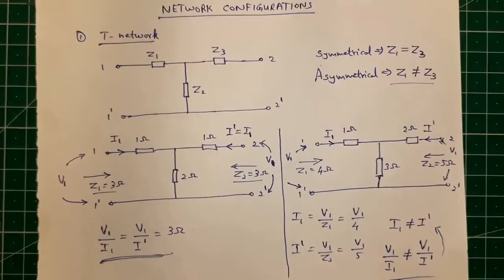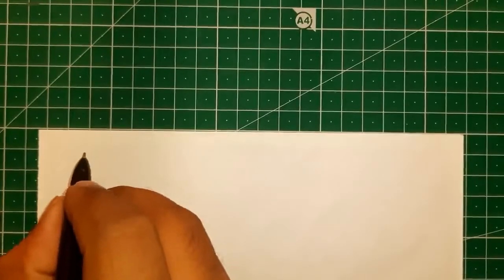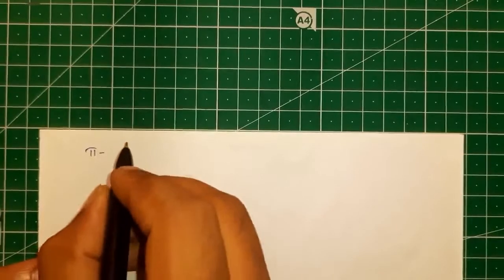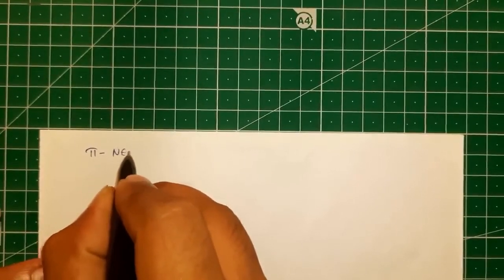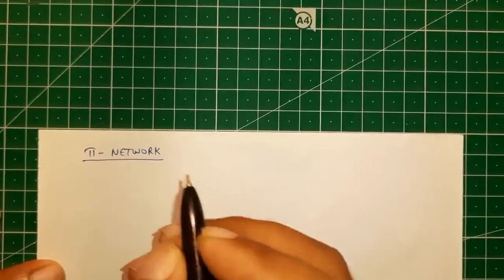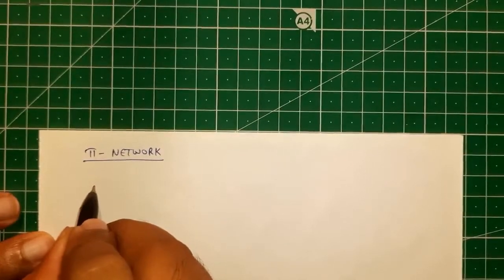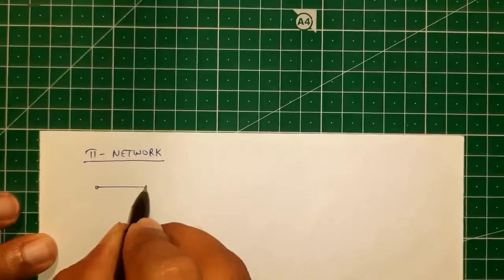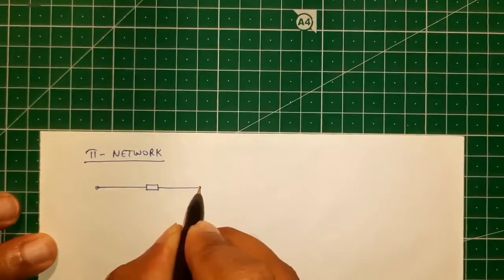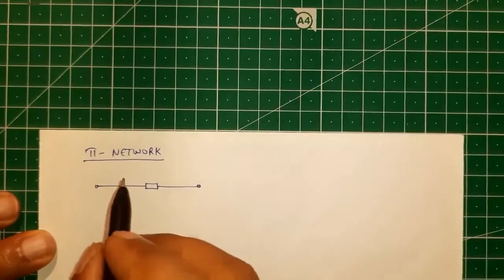of a T network. Another popular network configuration is the pi network configuration. So we can have the branch elements in the shape of a pi, as shown.